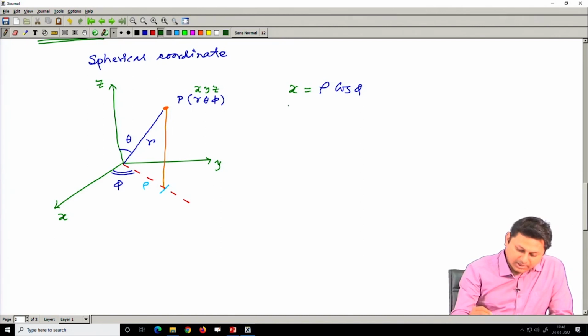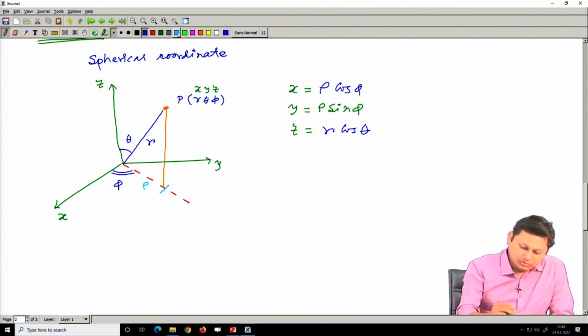Then y is simply rho sin phi, and z is r, so the z component should be r cos theta.